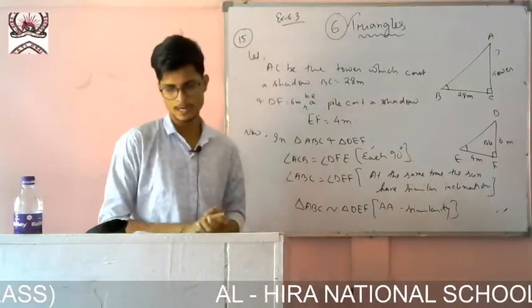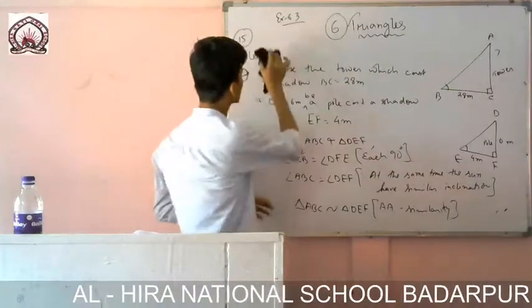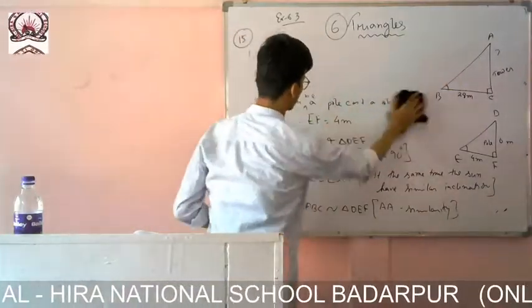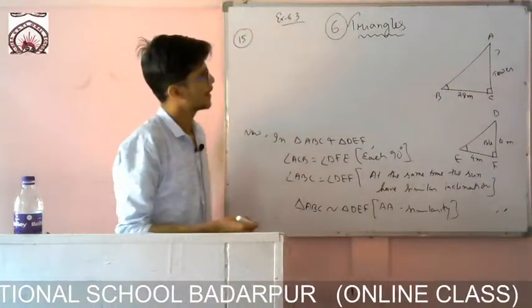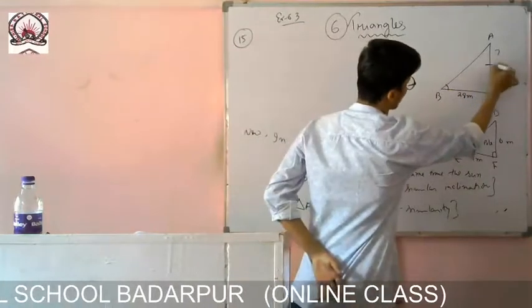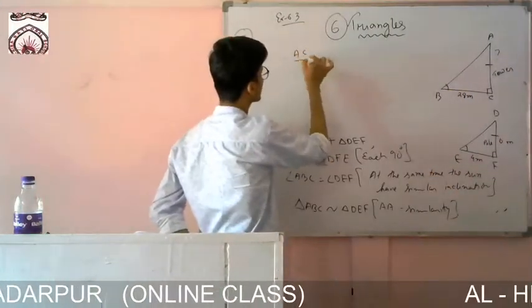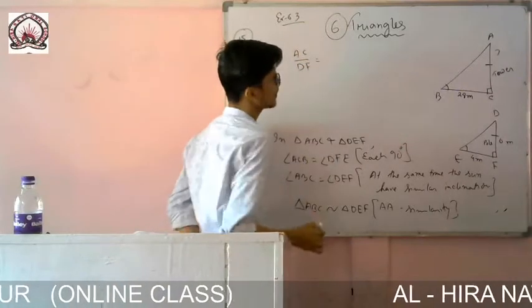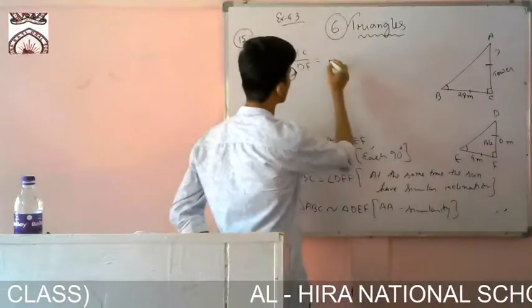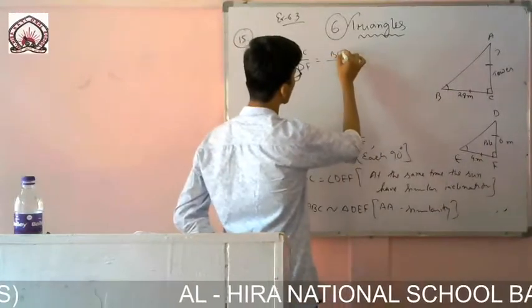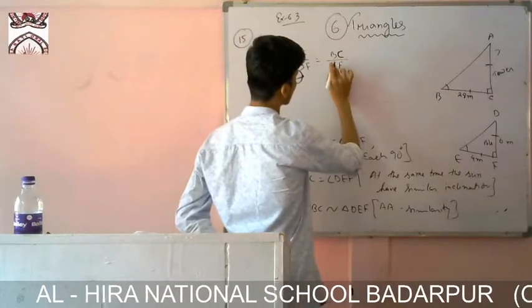So now I can relate their sides; the ratio will be the same. After that, only 2-3 lines. AC by DF will be equal to BC by EF.